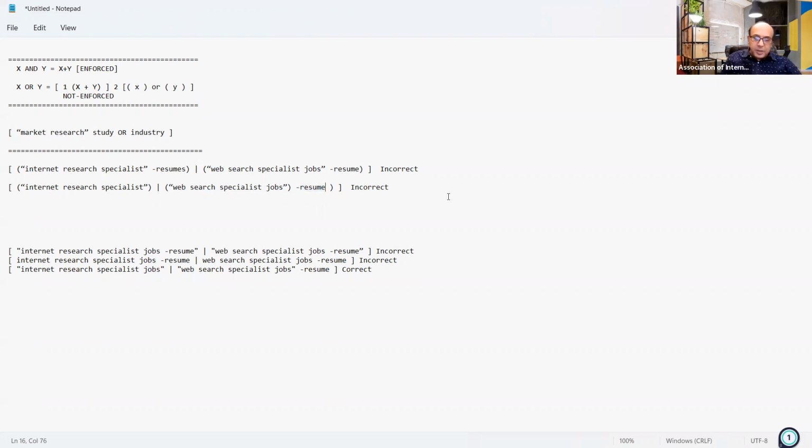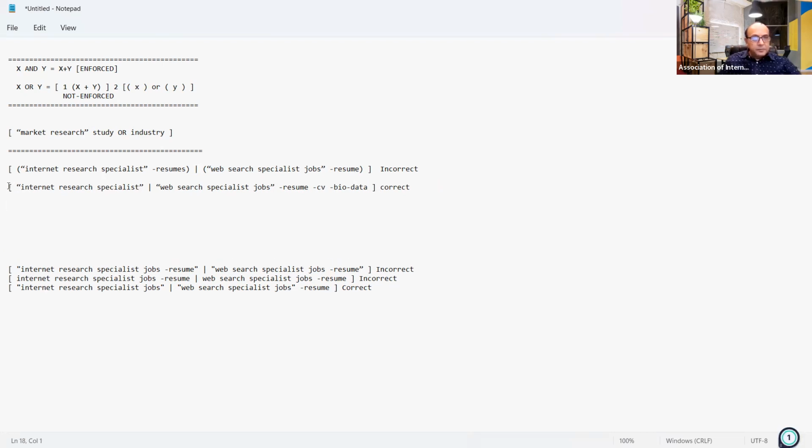Okay. Similarly, if there was another word that I wouldn't want, let's say CVs, I can put a minus sign. I can put a minus sign for what is called bio data. Okay. So I can put minus signs, but only the way I have shown it. Okay. And now to make it a real query, I'll just remove the brackets. And that's how it's going to correct itself. So this is correct to write.